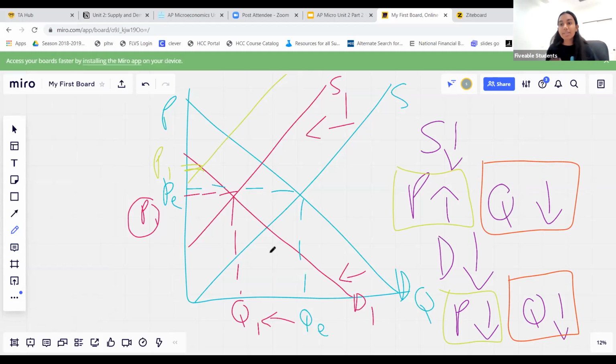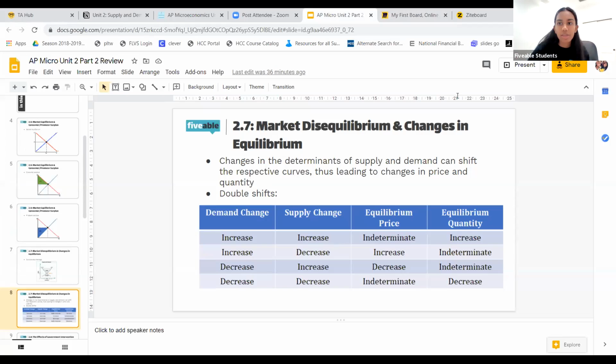So that's indeterminate because it really depends on how much supply and demand shift. If demand shifts left more than supply shifts left, then we're going to have an overall price decrease, and vice versa. You don't need to actually do that part, but you just need to be able to identify what's indeterminate, in this case price, and what's determinate, which would be quantity. And of course, this applies to all of the other cases.